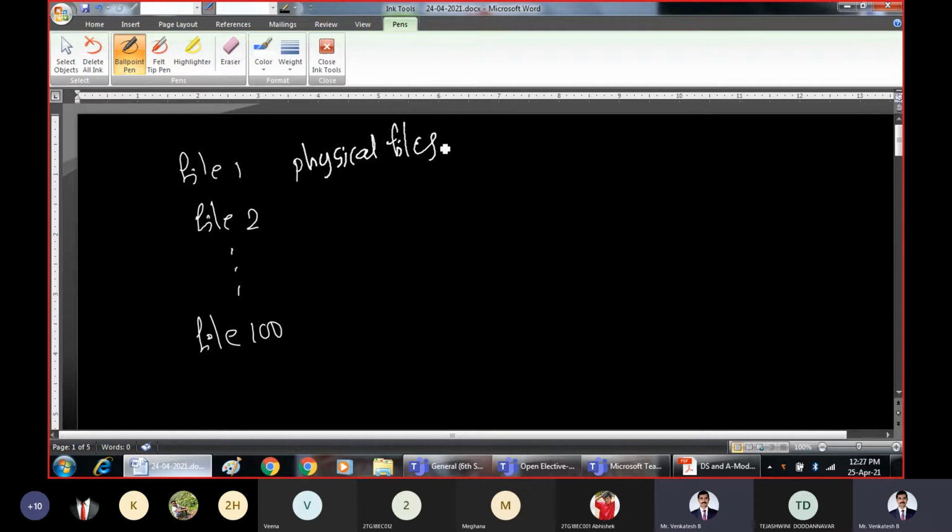These many files are present in the office, and every file is having some records, and every record is having some data fields. That means files will contain records, records will contain fields, and individual fields will contain some information.